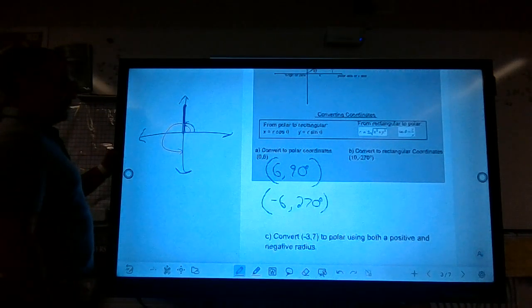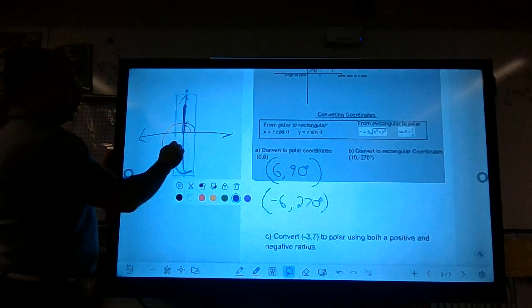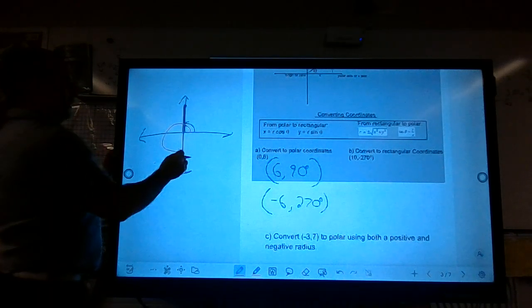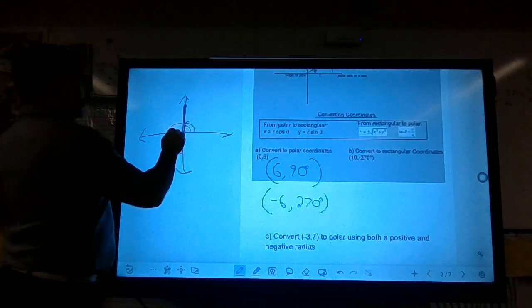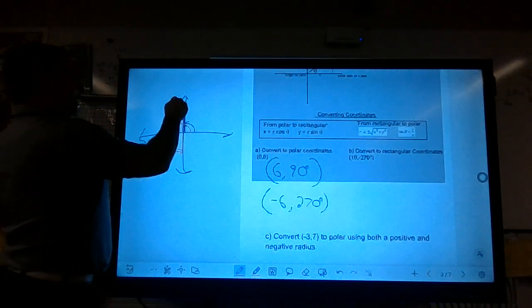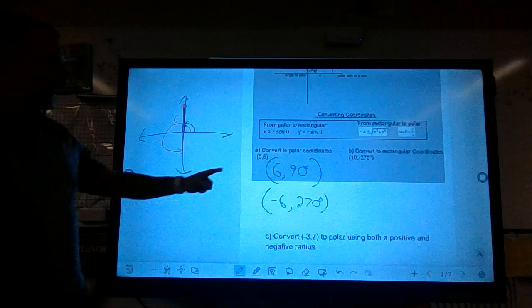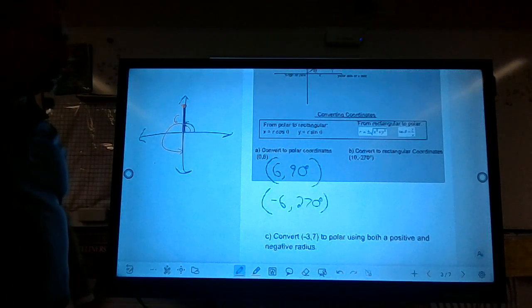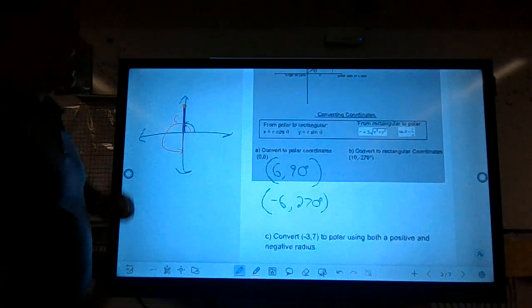Go 270 degrees and then shoot through the origin. If it's negative 6, shoot through the origin 6 units. It's going to take you right back to that 0, 6. So these two pairs of polar coordinates describe the exact same point.